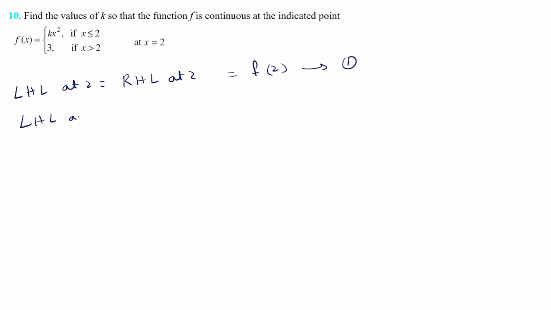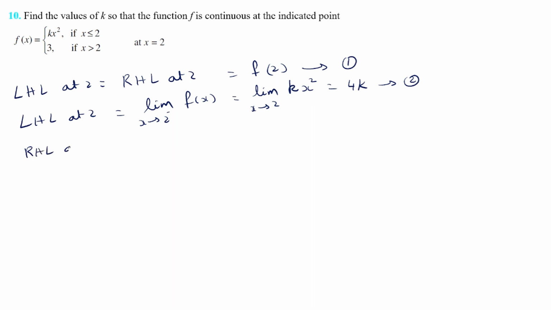Now the left hand limit at 2 is equal to limit x tends to 2 minus f of x. This is equal to limit x tends to 2. When x approaches 2 from left, we have f of x as kx square. So it is limit x tends to 2 of kx square. So it is equal to 4k. Let us mark this as 2.